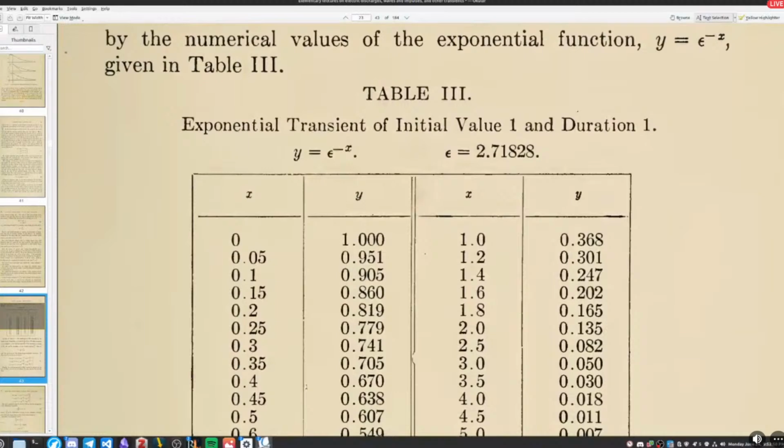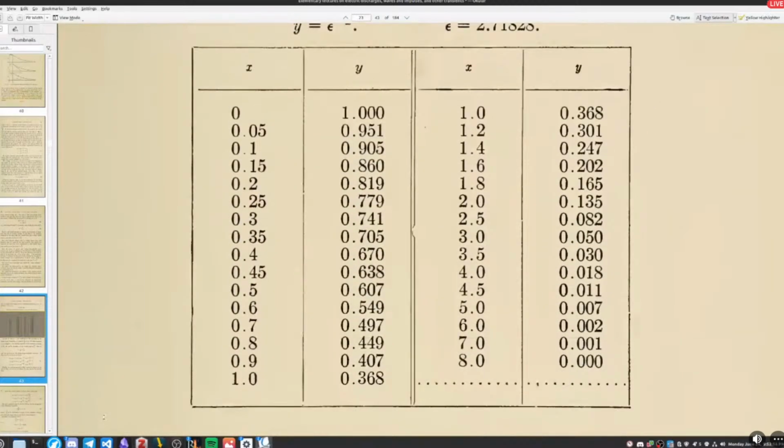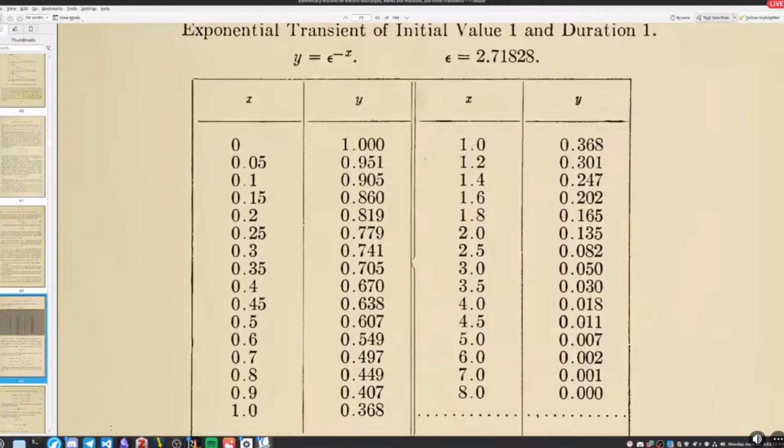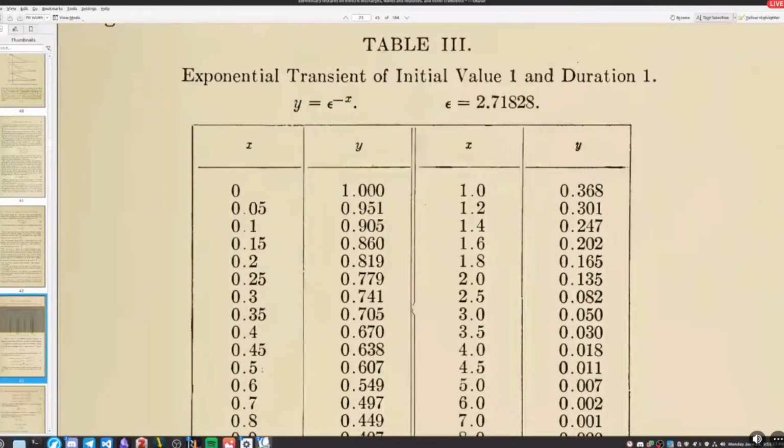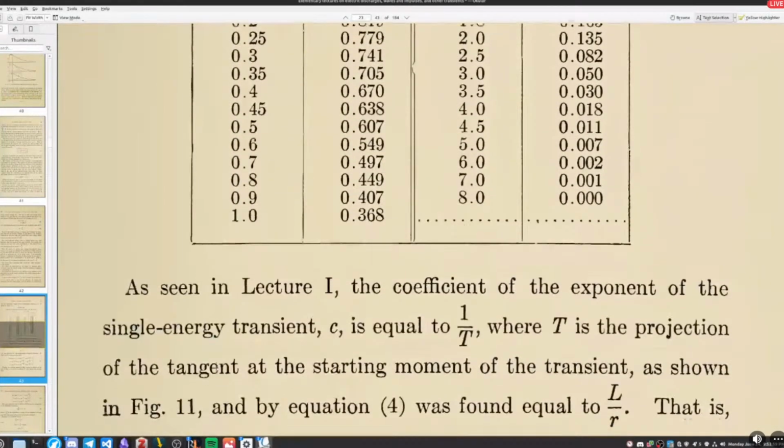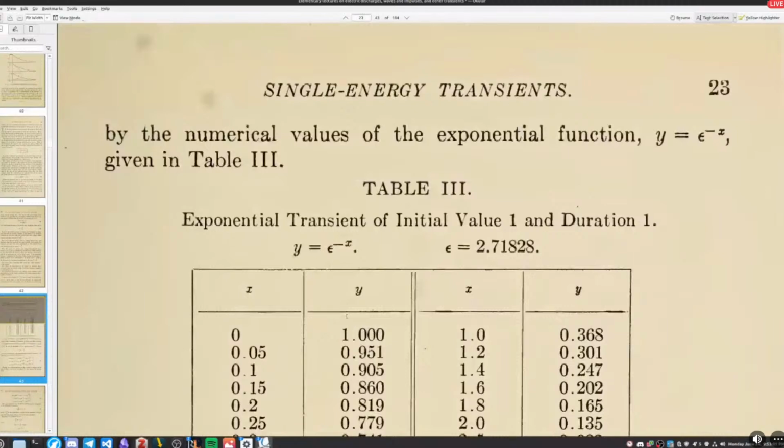As seen in Lecture 1, the coefficient of the exponent of the single energy transient is epsilon, y equals epsilon to the negative x.